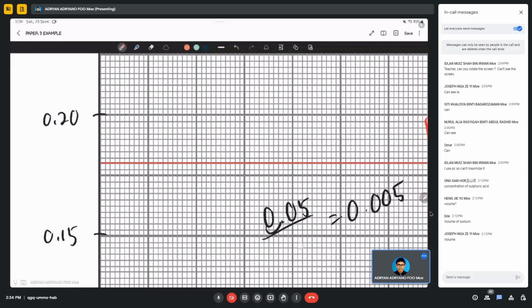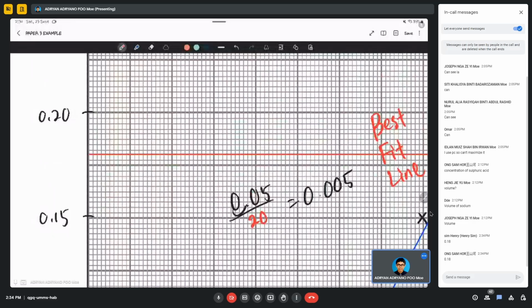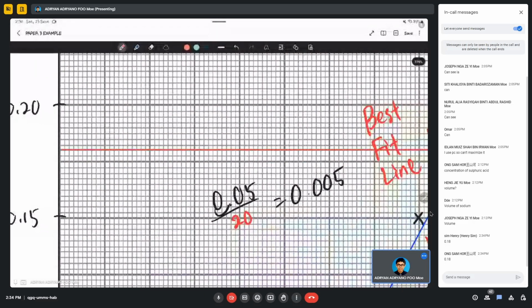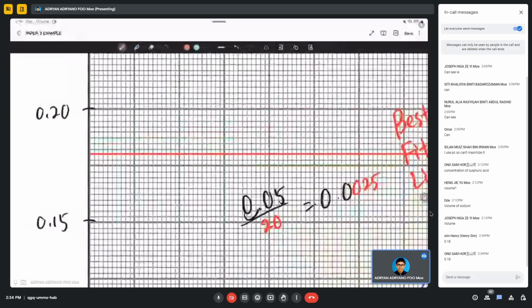Should be divide by 20 here. Okay, divide 20. It should be 0.005, that is its scale. Okay, 0.18. Let's see. 0.15.